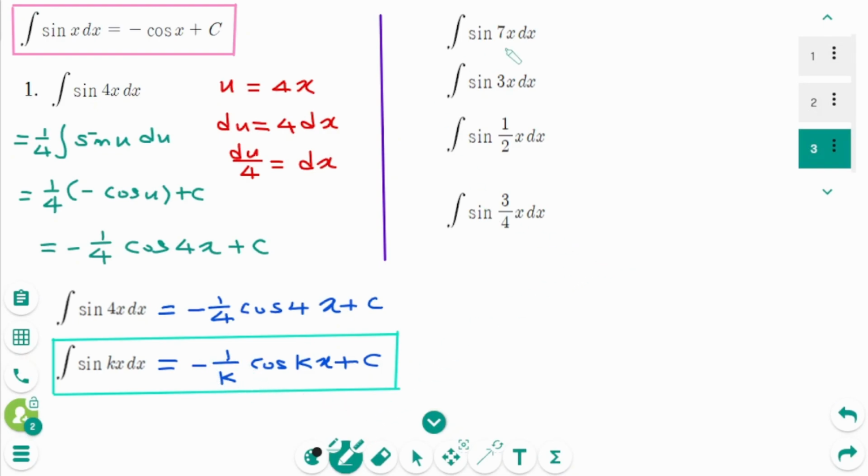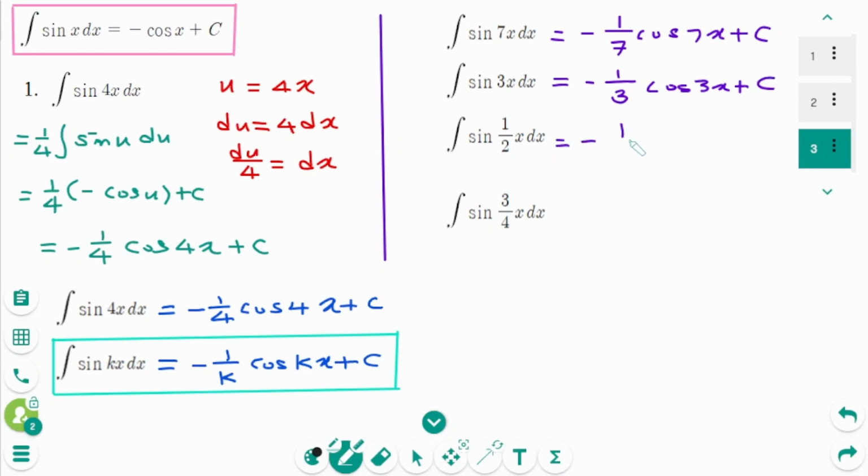Let's try to integrate a few more problems. Use the formula. The first one, integral of sine 7x dx is minus 1 over 7 cosine 7x plus c. This one, minus 1 over 3 cosine 3x plus c.